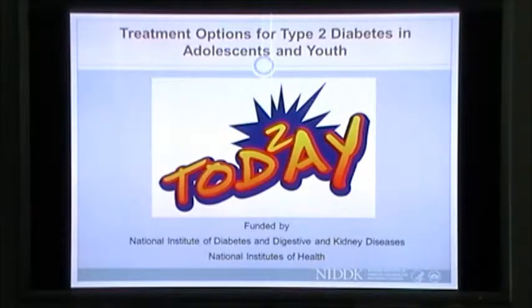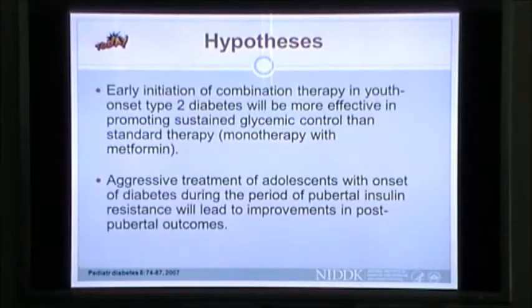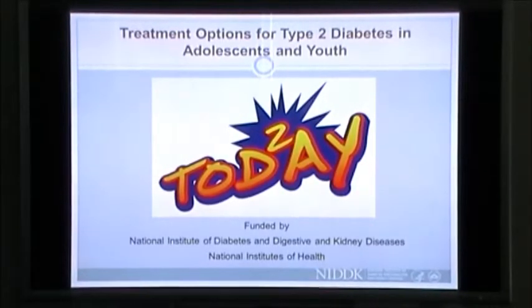So let me tell you about the Today study. The Today study was actually put together by NIH. They held a consensus conference in around 2000 to get people together to say what are the unanswered questions in type 2 diabetes, what do we know about it, some of the demographics. A bunch of people were in a room and we said, well, we know it's occurring in pretty socially challenged kids, we know that they're obese, we know that they're poor, but we don't know anything else about it.